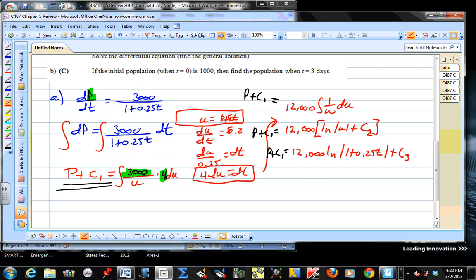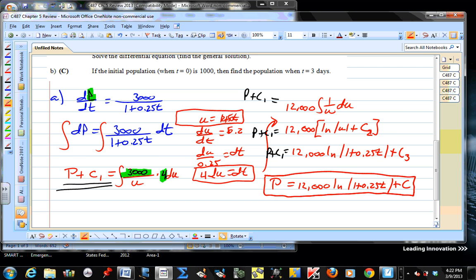So now to get P by itself, we're going to subtract constant 1. We'll say P equals 12,000 times the natural log of the absolute value of 1 plus 0.25t plus constant 4, or just a constant. This is the general solution to our differential equation. This is the answer to part A.